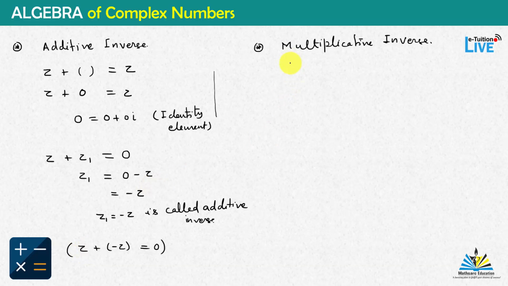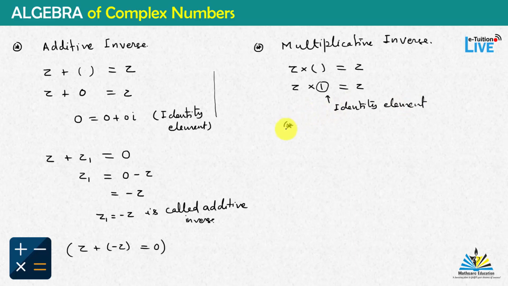Now let's talk about the multiplicative inverse. Here you can observe, if we multiply z by a complex number and it remains z, this is what we call the identity element. Here you can observe z into 1 is equal to z. So 1 is what we call the identity element.